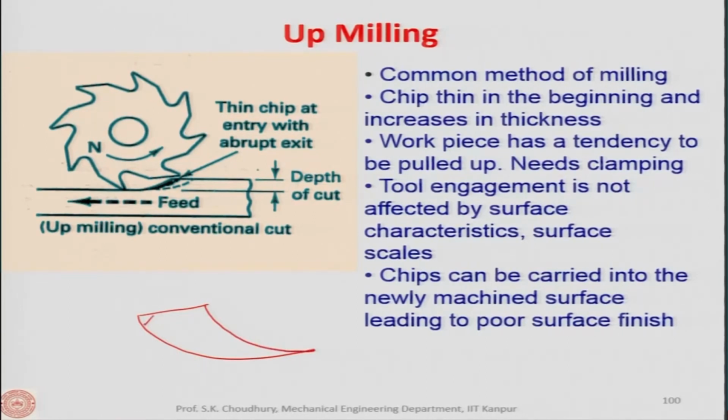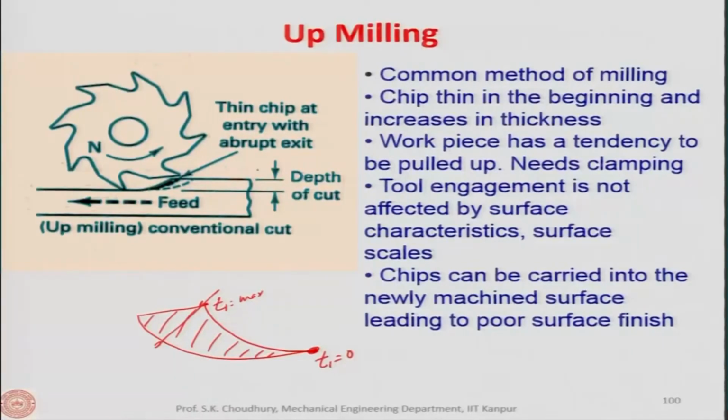So, when the tooth grabs the workpiece, t1 is equal to 0 and here the t1 can be maximum. We have shown this in the case of the milling process, and we are again going to come to this in the case of grinding, because in the grinding process also the t1 goes from 0 to maximum like in the case of milling.